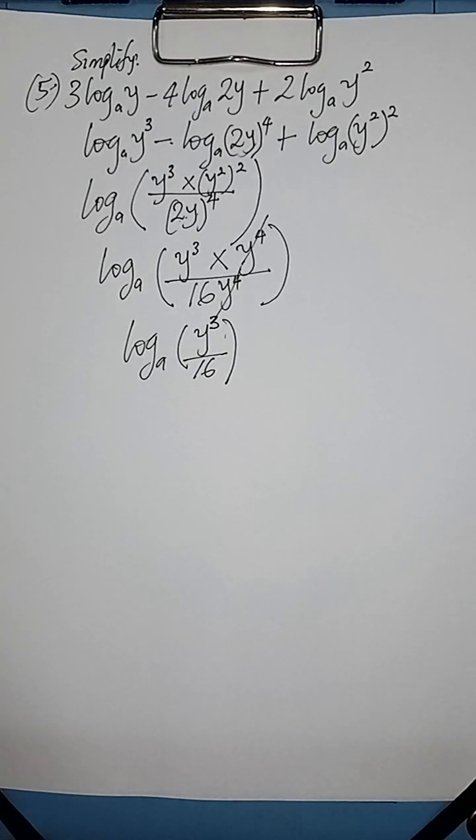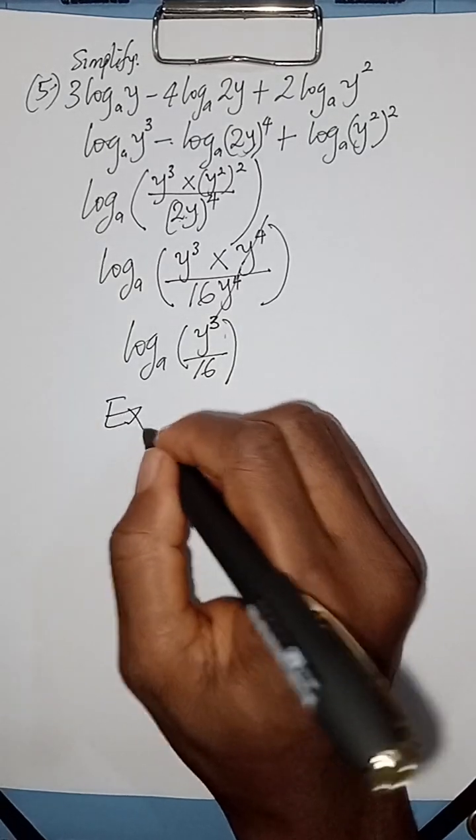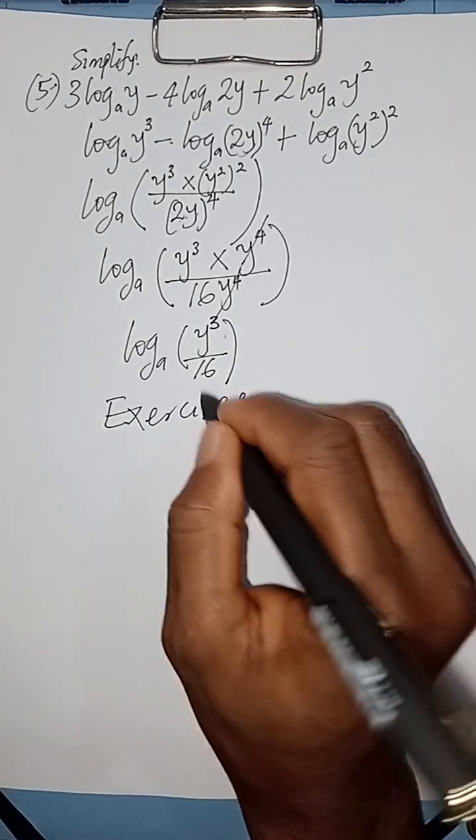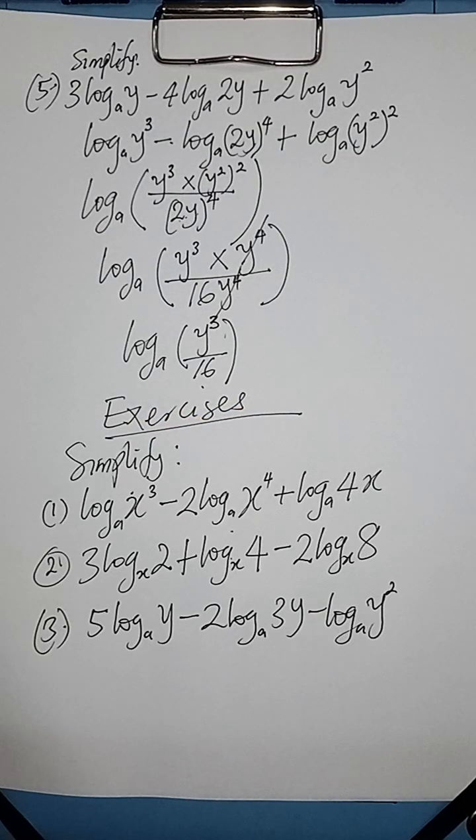Very easy, right? So you're going to do some exercises for me based on what we've been doing. Okay, so you have three questions here. Number 1: simplify log x raised to the power 3 minus 2 log x raised to the power 4 plus log 4x. They are all in base a.